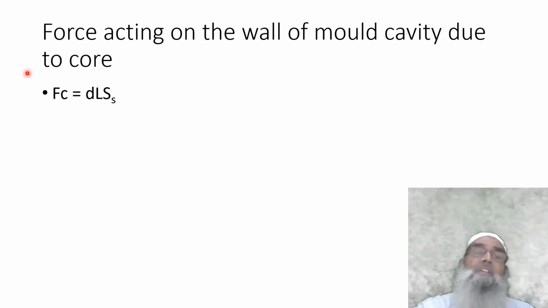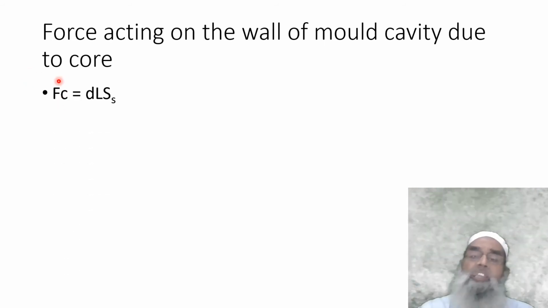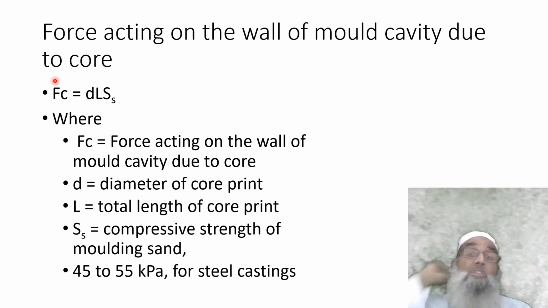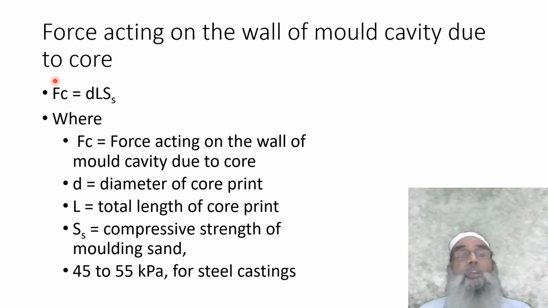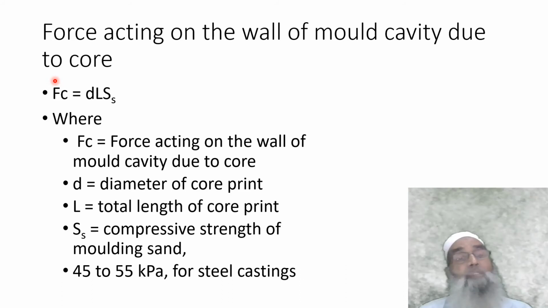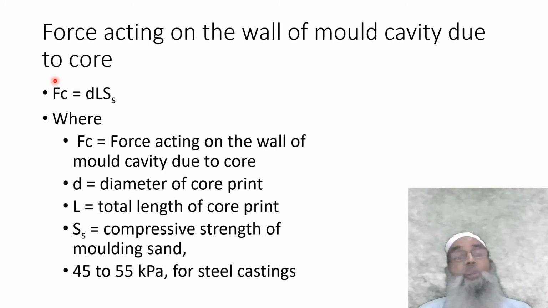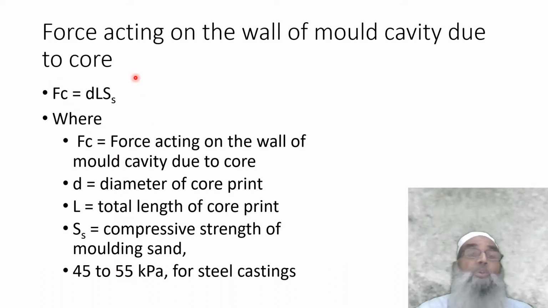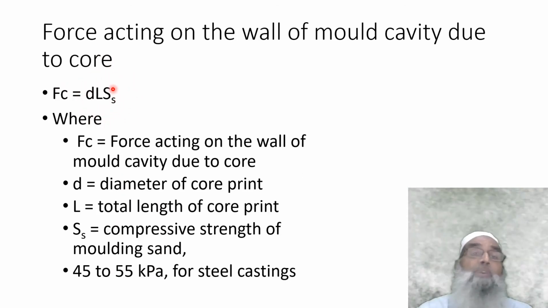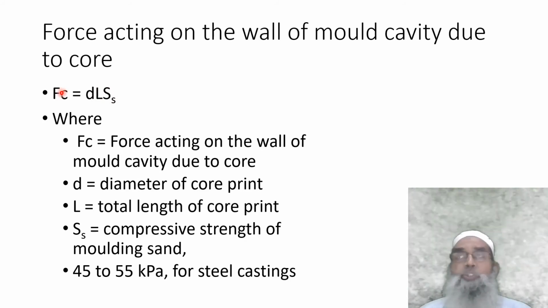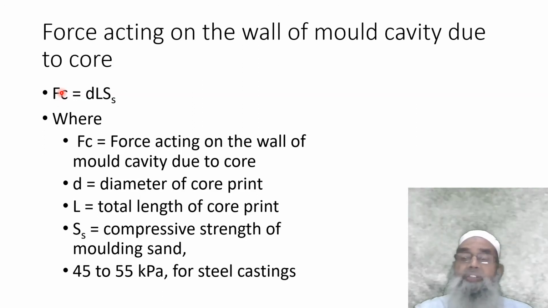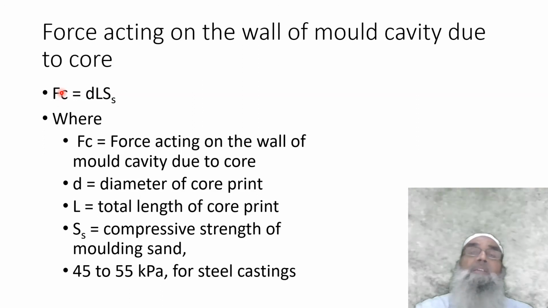Fc is the force acting on the wall of the mold cavity due to the core, and it can be given by the diameter of the core pin and the length of the core pin, where Ss is the compressive strength of the core pin. This much force acts on the mold wall, and therefore the core pin should be strong enough to withstand the mold cavity.